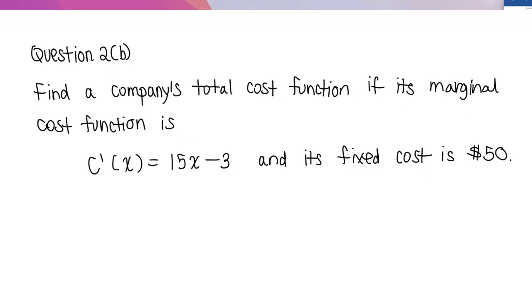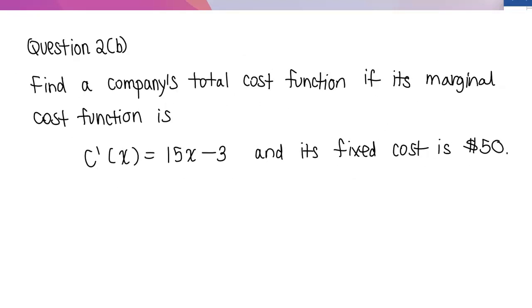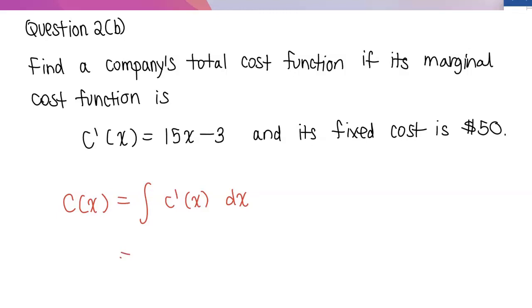So here it goes. If I want to find the cost function C of x, then I need to take the integral of that marginal cost function. So what is the integral of 15x minus 3?